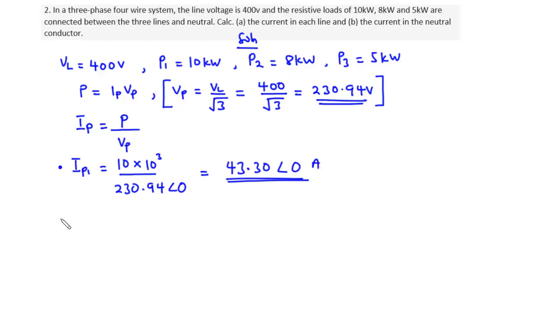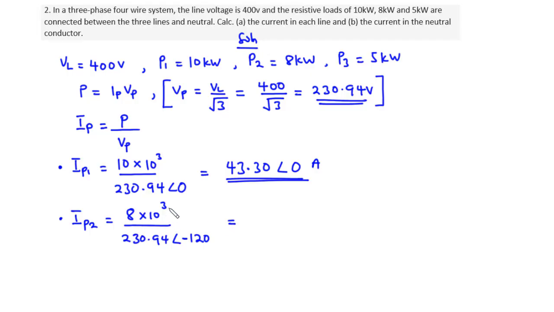Now let's move on to phase 2. So for phase 2, we have IP2 equals P2, which is 8 times 10 exponent 3 divided by 230.94. This time, because we are dealing with phase 2, we have the phase angle of the voltage to be negative 120.